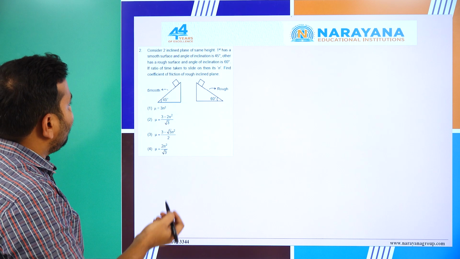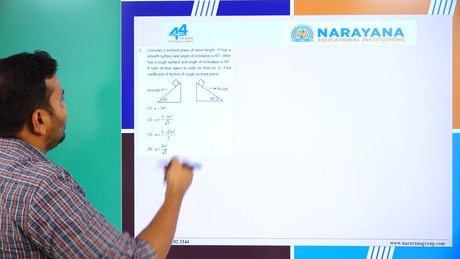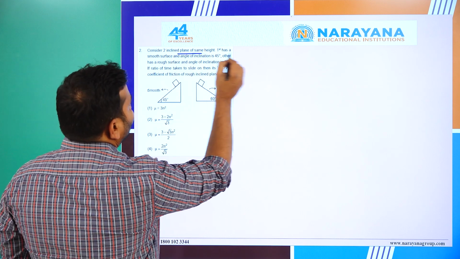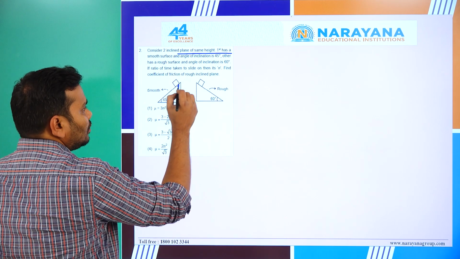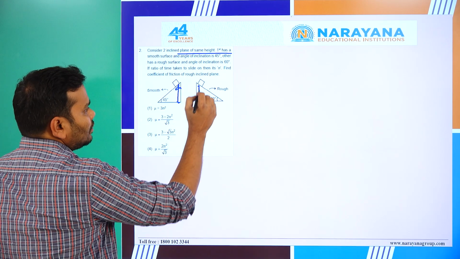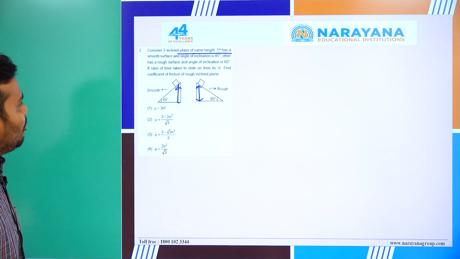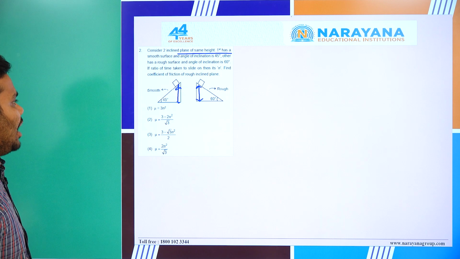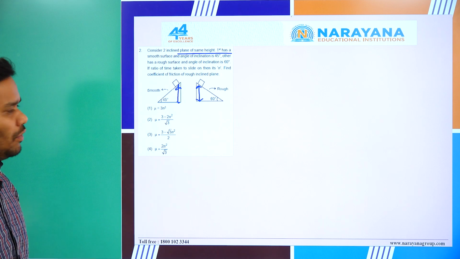In this question they haven't mentioned anything about the height, so we will consider the heights are the same, that is, they are released from the same height. The time taken ratio is given as n, and we have to find the coefficient of friction.